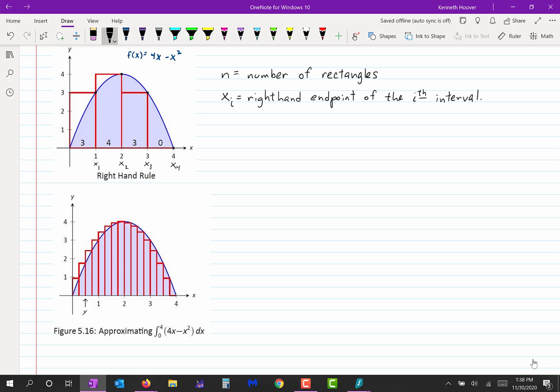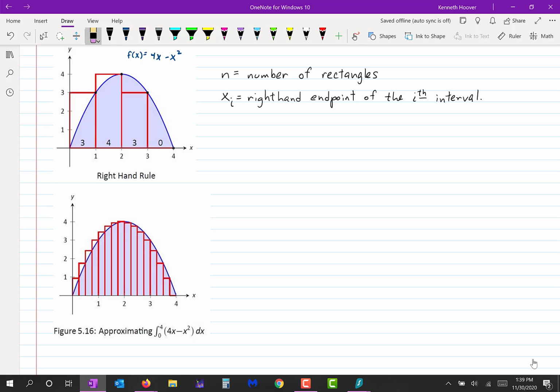Here's x2. That would be 2/4, or 1/2. Here's x3. That would be 3/4. Here's x4 would be 4/4 or 1. You see how that works? And you would get all the way to the last one, x16, which would be the number 4.